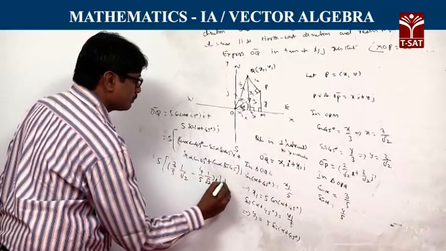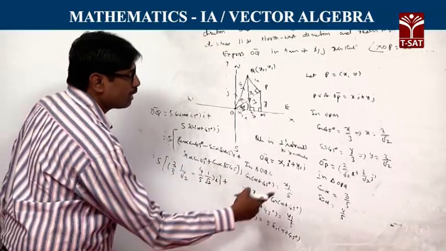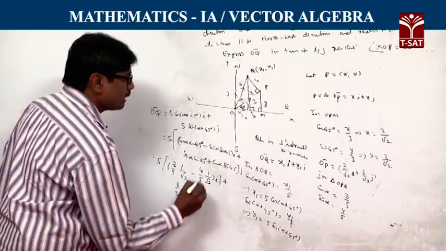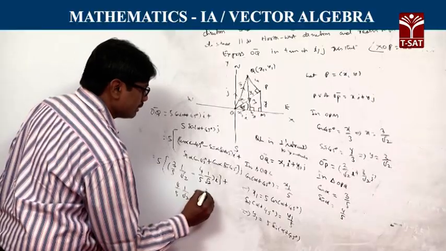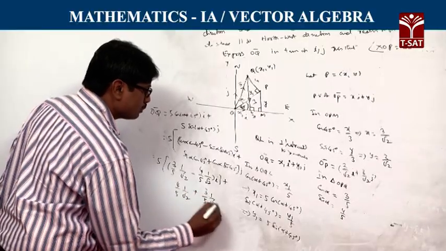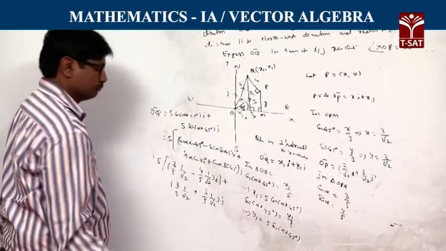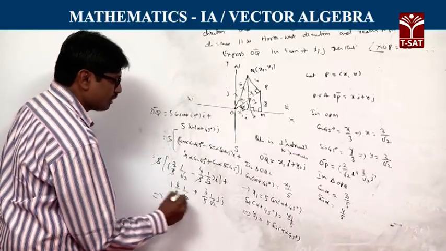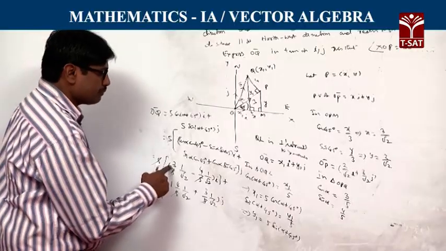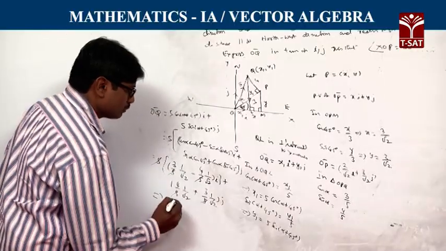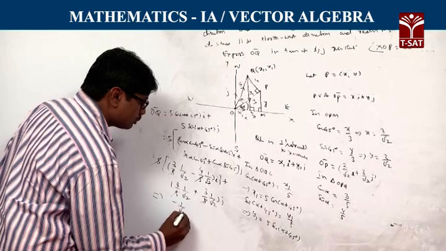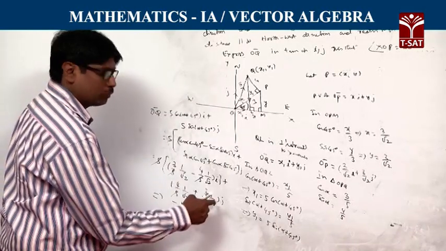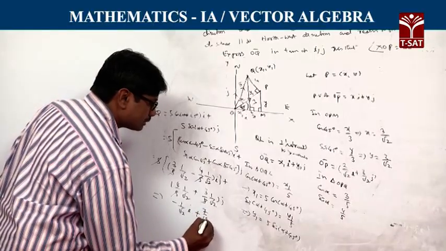And plus sin alpha, which is 4 by 5, into 1 by root 2, plus cos alpha, that is 3 by 5, into 1 by root 2, times j bar. And that is nothing but, 5 cancel, 3 by root 2 minus 4 by root 2, that is minus 1 by root 2 times i bar, plus 4 by root 2 plus 3 by root 2, that is 7 by root 2 times j bar.